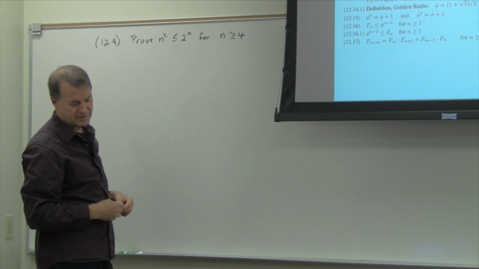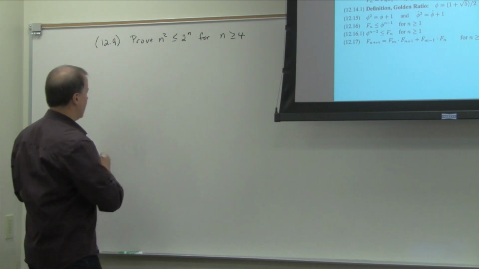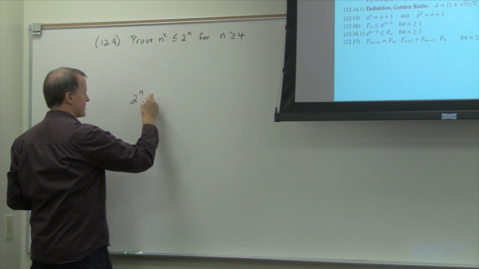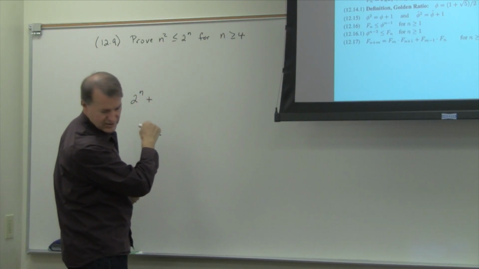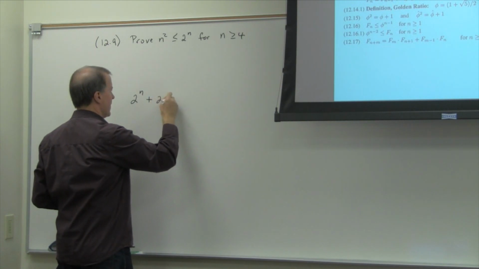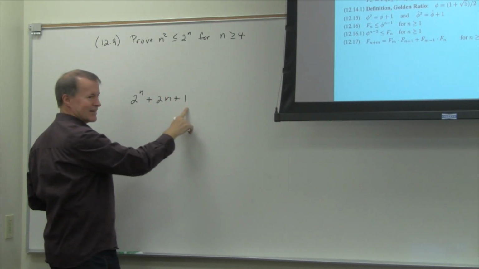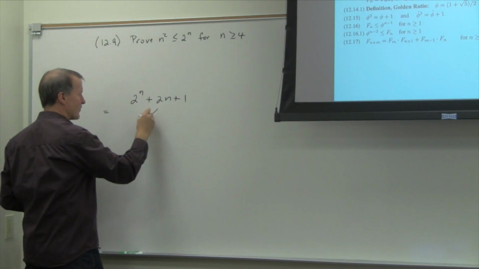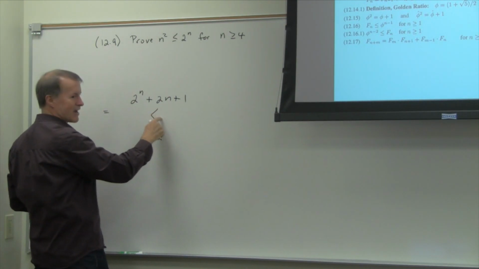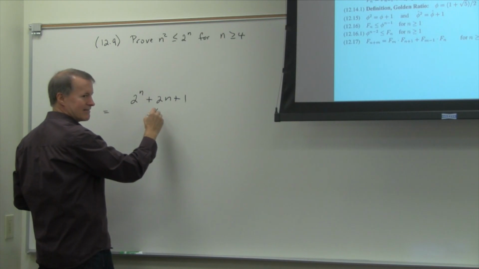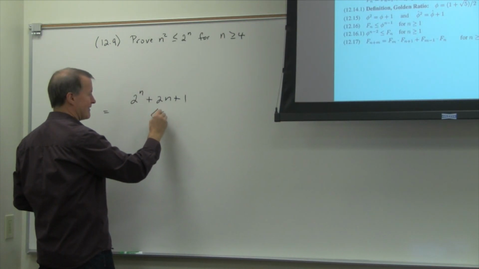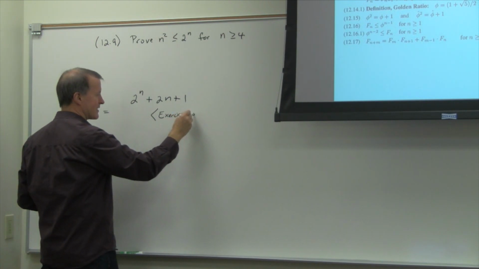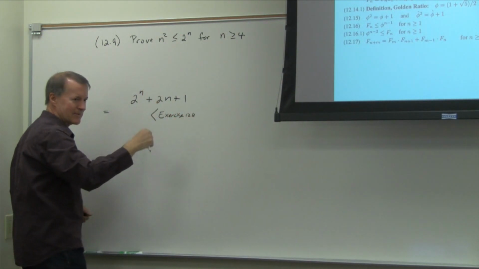So what you had is 2 to the n plus 2n plus 1. Now here's what you're allowed to do. You can say equals, and here for the hint, you can say exercise 12.8, because that's like a previously proved theorem.